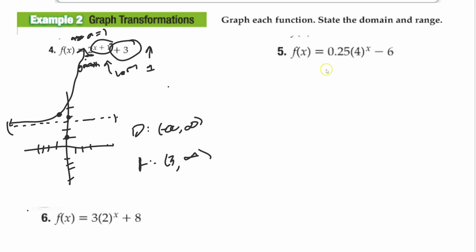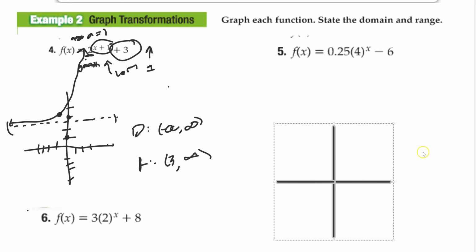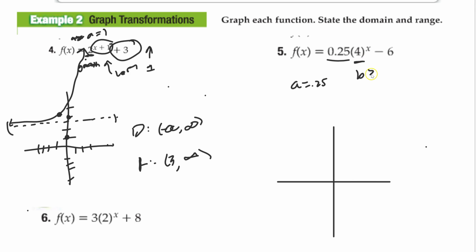Same idea. So let's draw, like, what's my table at? Okay, so let's find our A first. A is 0.25. My B, all I care about is that it's greater than 1, so it's a growth.